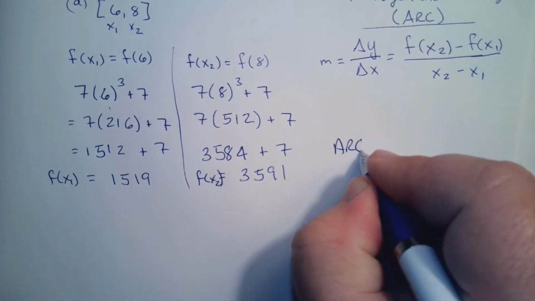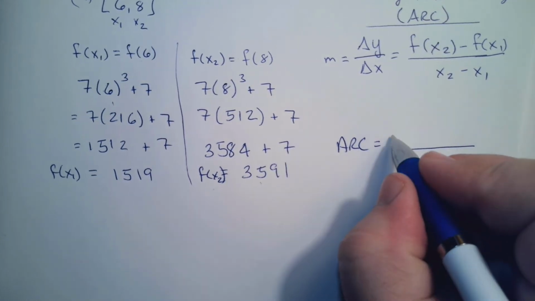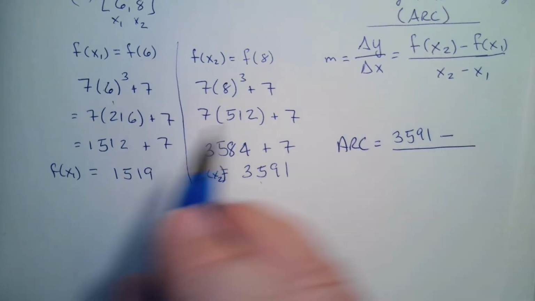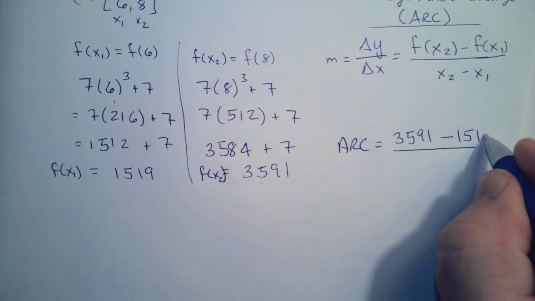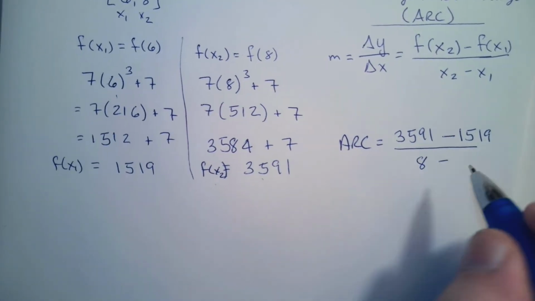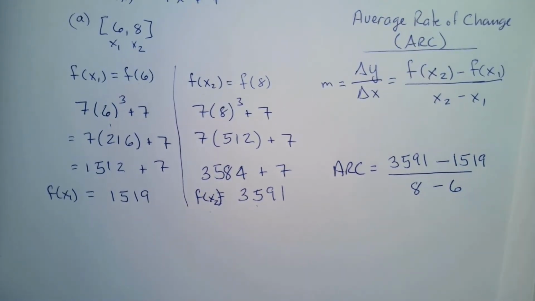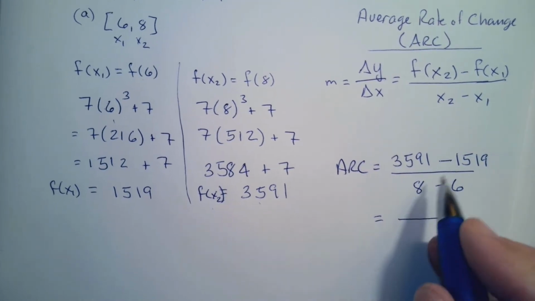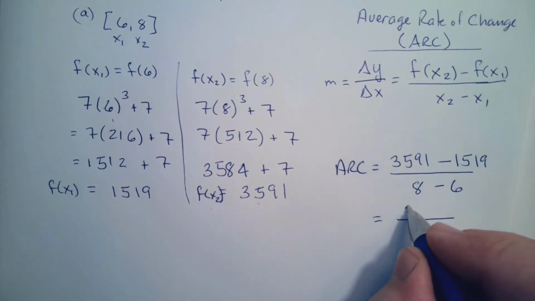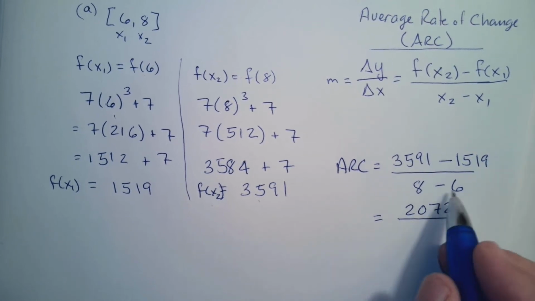So the average rate of change is f of x2, which is 3591, minus f of x1, which is 1519, over x2, x2 is 8, minus x1 is 6. 3,591 minus 1,519 is 2072. 8 minus 6 is 2.